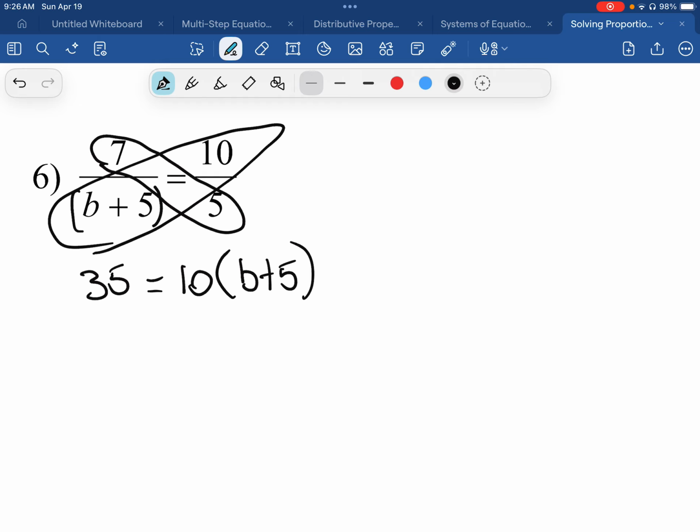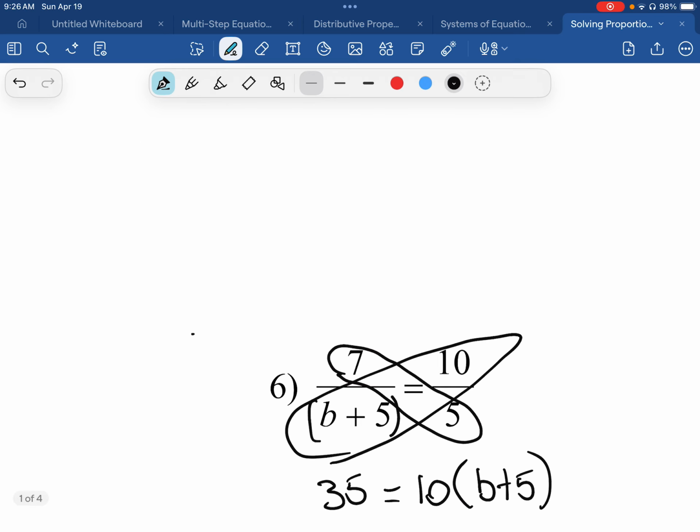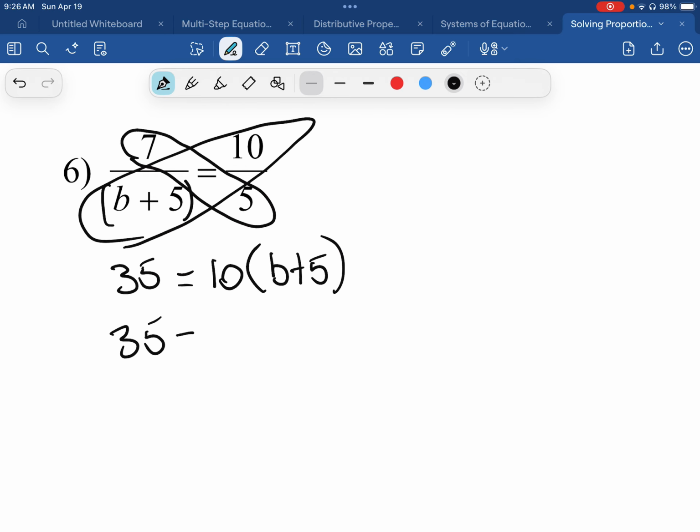Now this is going to force us to take another step here, right? We will have to distribute our 10. So 10 times b is 10b. 10 times 5 is a positive 50.